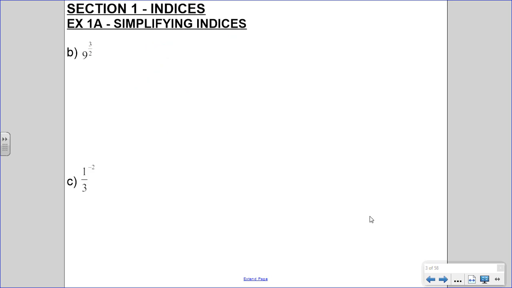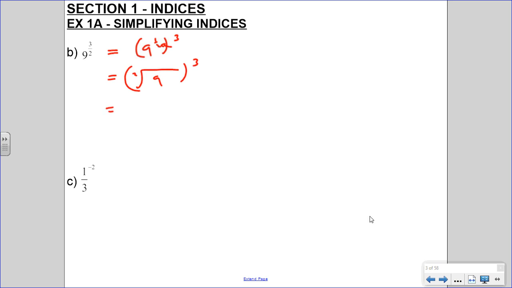So here you've got 9 to the 3 over 2. So that's 9 to the half, all cubed. Remember, you can take the fraction out first and then put the multiplier on the outside. Because that's over 2, that becomes the square root of 9 all cubed.